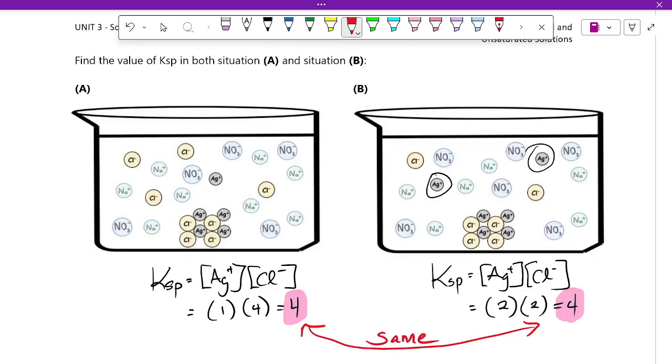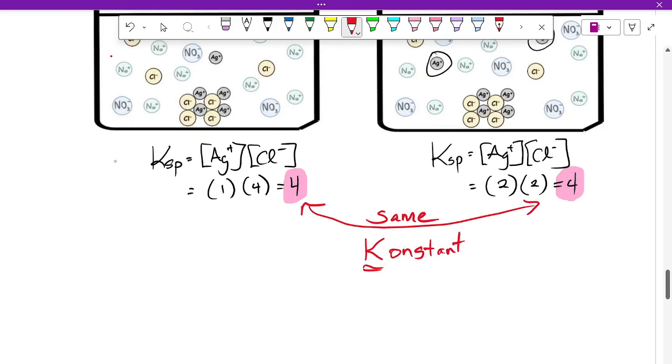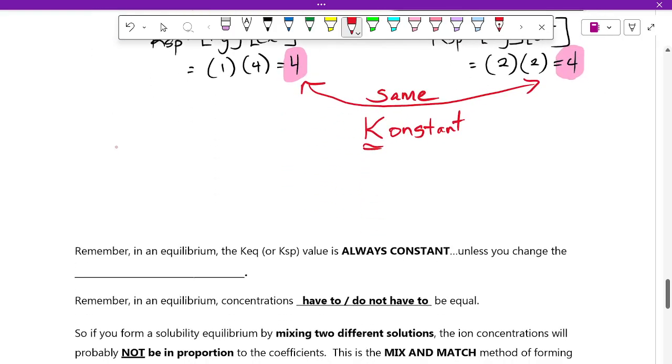Because K is a constant. So remember, Keq or Ksp is always constant unless you change the, do you remember what can change the K value? Temperature.